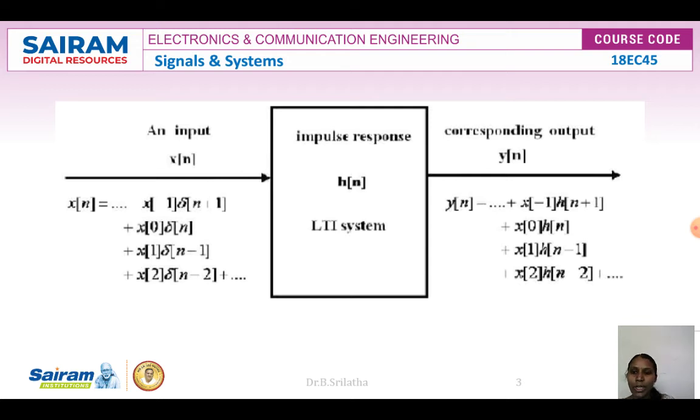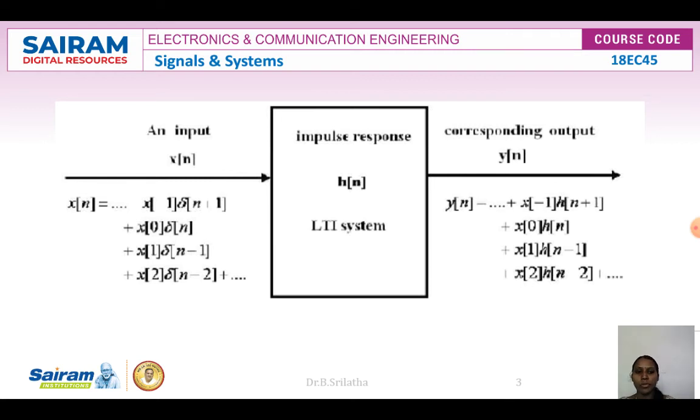Now how do we get the input? The input x of n is nothing but x multiplied by the impulse function, and that will give the impulse response h of n. The convolution of h of n with x of n will give the corresponding output y of n. So y of n is equal to, if you substitute, x of minus 1 into h of n plus 1, plus x of 0 into h of n, plus x of 1 into h of n minus 1, plus x of 2 into h of n minus 2, and so on.